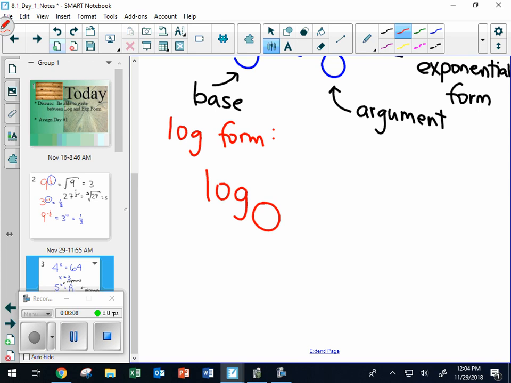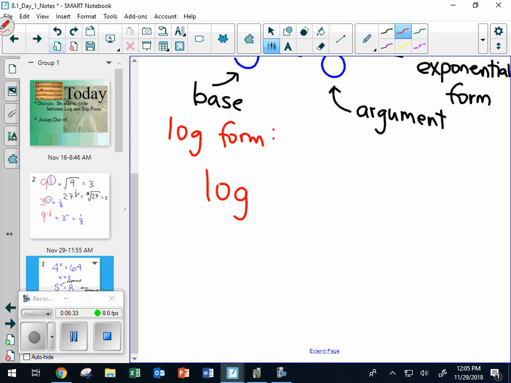Take a few seconds, turn and talk. Base, argument, or exponent. I expect everybody to at least have some answer. Alright. Andrew, what do you think it is? It is indeed the base.